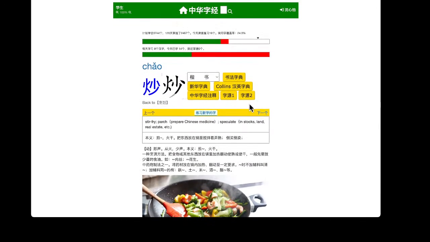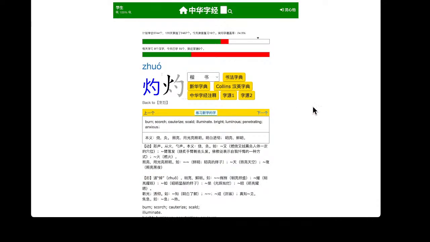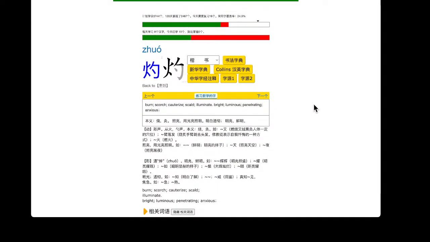All right, so next one. 灼. 灼 means burn, scorch, or cauterize. Now, cauterize, you can think of it as a medical procedure. Scald, that's the meaning.